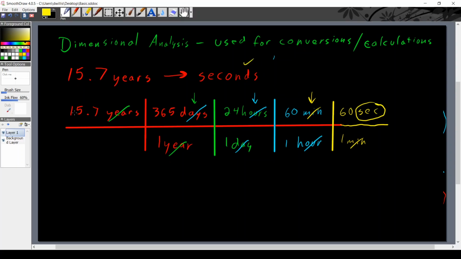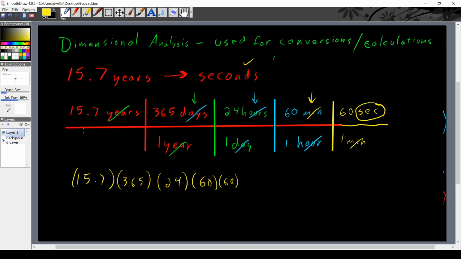So what I'm going to do is I'm going to do the multiplication all the way across. 15.7 times 365 times 24. Go ahead and do this on your calculator as we're going. Times 60 times 60. Good.